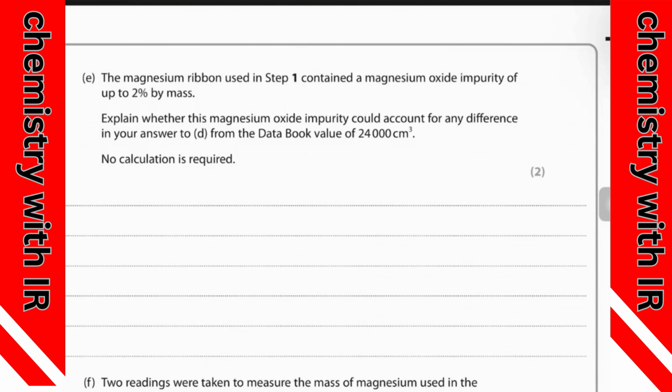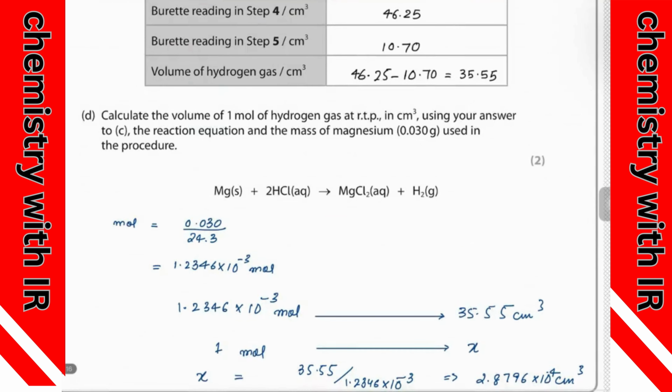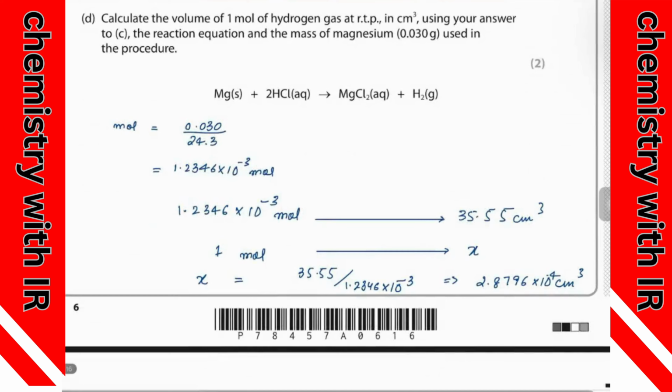I'm talking about this one: the mass of magnesium was 0.030. If there would not be any impurity, the mass would be less than this, isn't it? So we would be getting a smaller number of moles. So we have to write that a smaller number of moles of magnesium would be produced, like the moles of magnesium would be smaller in this case when there would be no impurity.